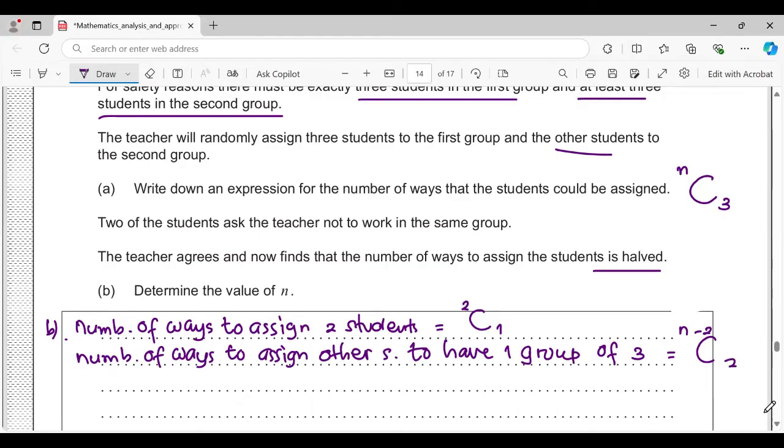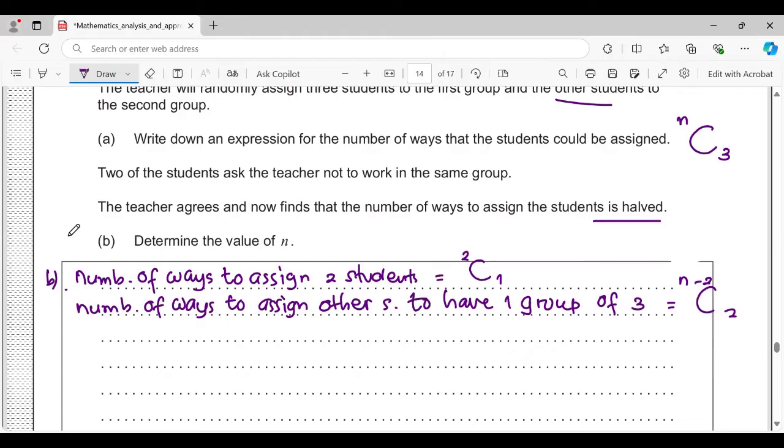Next, to calculate that, it's a combination n with ratio 3. It equals, because of two groups, 2 times this combination times this one, n minus 2, 2.